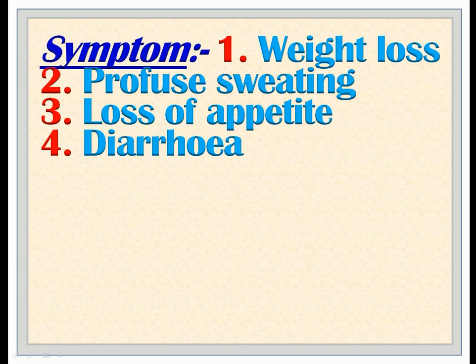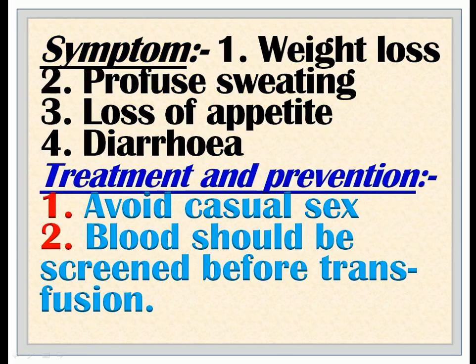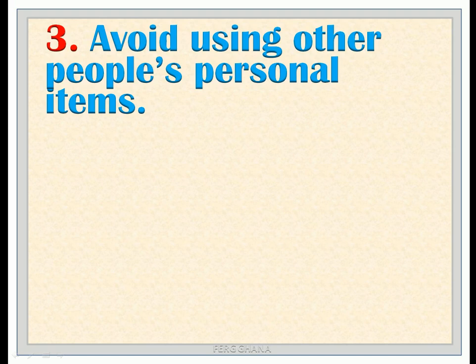Symptoms: 1. Weight loss. 2. Profuse sweating. 3. Loss of appetite. 4. Diarrhea. Treatment and prevention: 1. Avoid casual sex. 2. Blood should be screened before transfusion. 3. Avoid using other people's personal items.